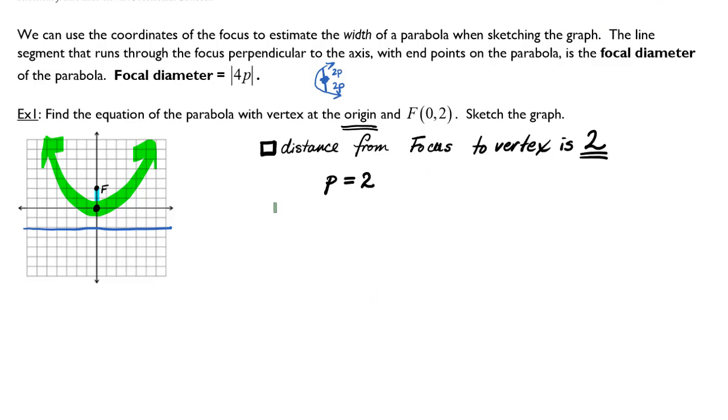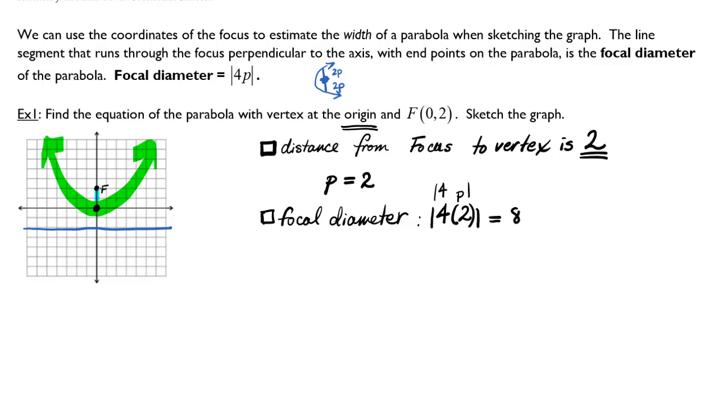Remember that the focal diameter is 4 times P. And it's in absolute values, which means the focal diameter for this particular example is 4 times 2, which is 8.